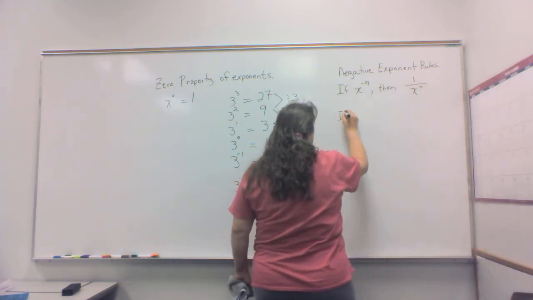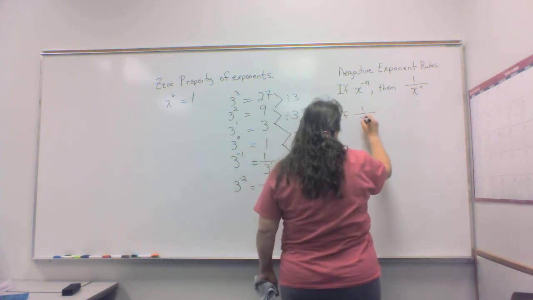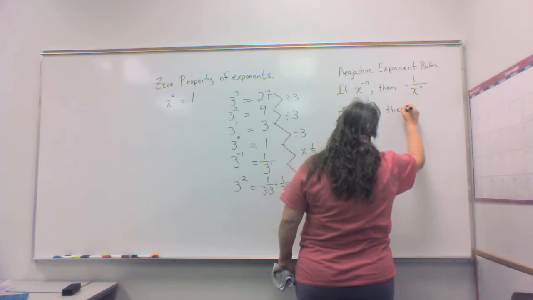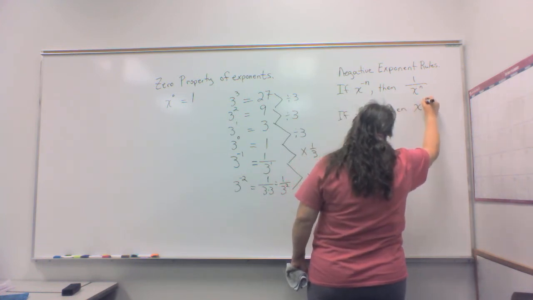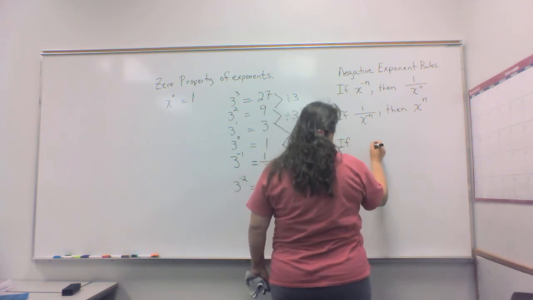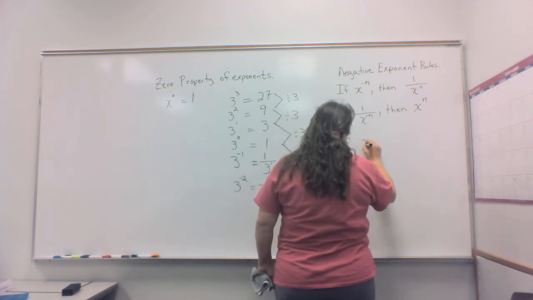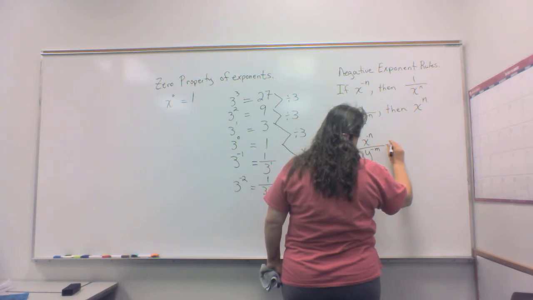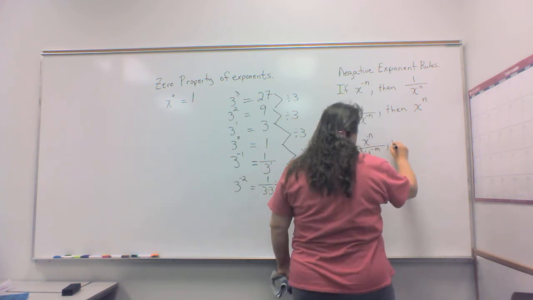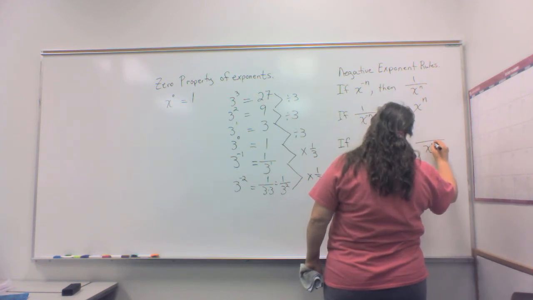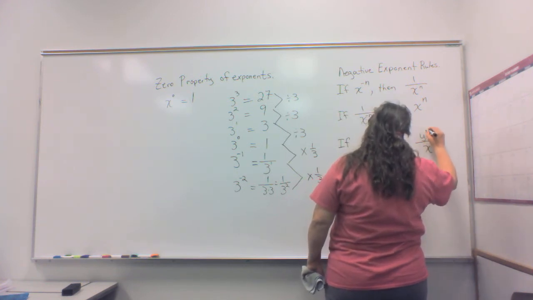If 1 over x to the negative n, then x to the positive n. If x to the negative n over y to the negative m, this is the same as y to the m over x to the n.